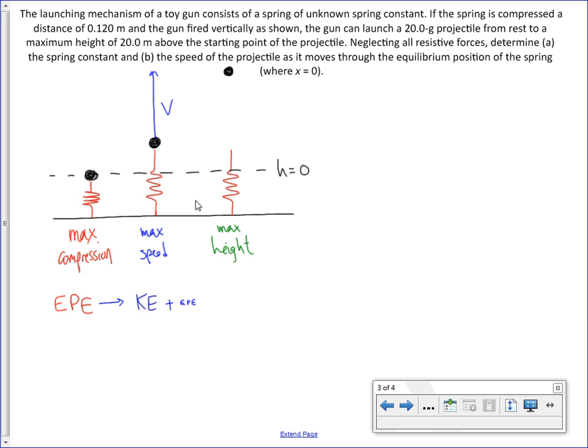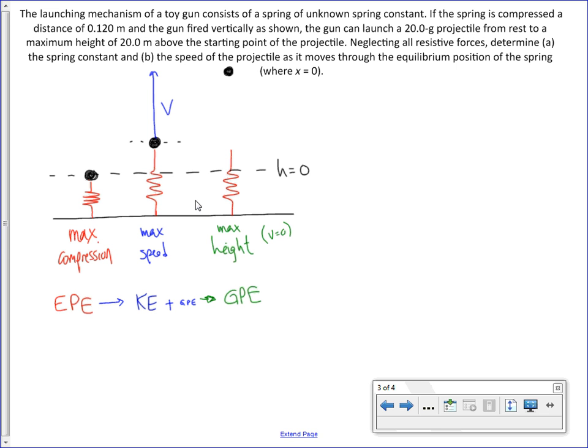This thing is currently above the height that we call zero. And then here that turns into all GPE at max height, right? Max height's code word for velocity is zero. So energy transformations happen, all right?